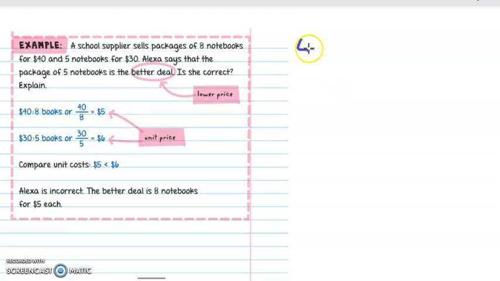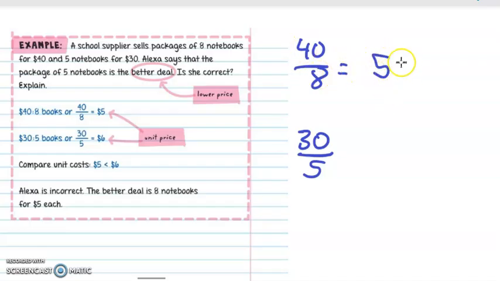Right, well, $40 for 8 notebooks, or $30 for 5 notebooks. Okay, well, 40 divided by 8. Literally just plug it into the calculator, because fractions are just another way of writing division problems. 40 divided by 8 is 5, so that would be $5 per notebook. 30 divided by 5 is 6.